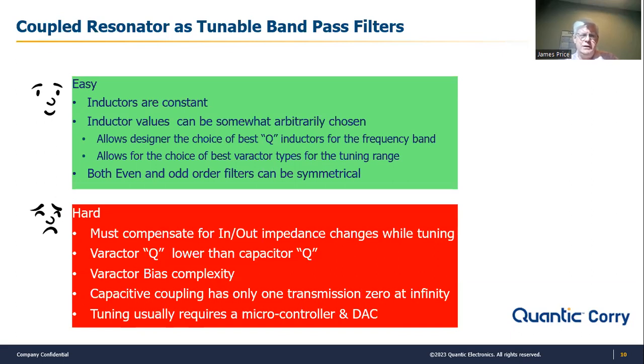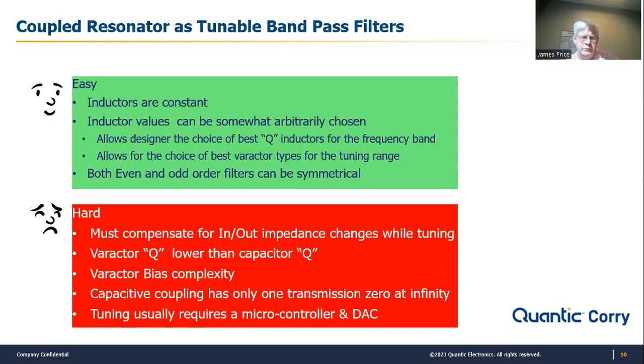The other negative about these things is varactor Qs are worse than pure capacitor Qs. So you're going to have worse insertion loss in a varactor-based tuned circuit than you are with just using pure capacitors. You have to deal with the biasing complexity of the varactors, sticking those resistors in there and throwing reverse biases in and making sure that all your diodes have a DC path to ground.